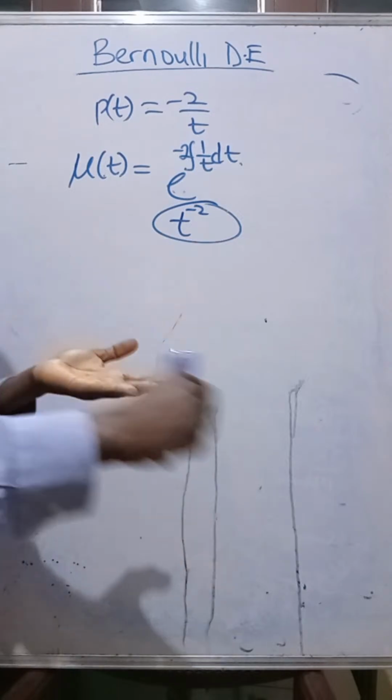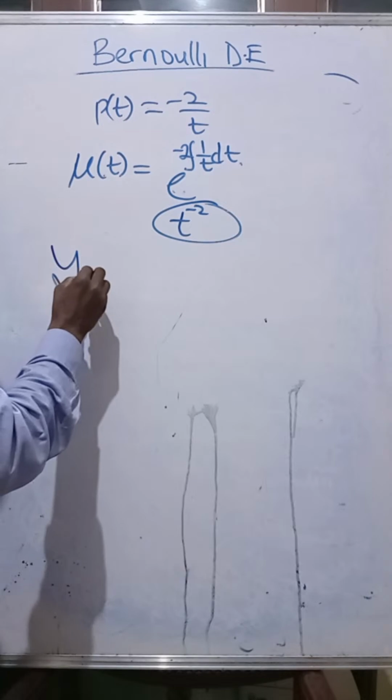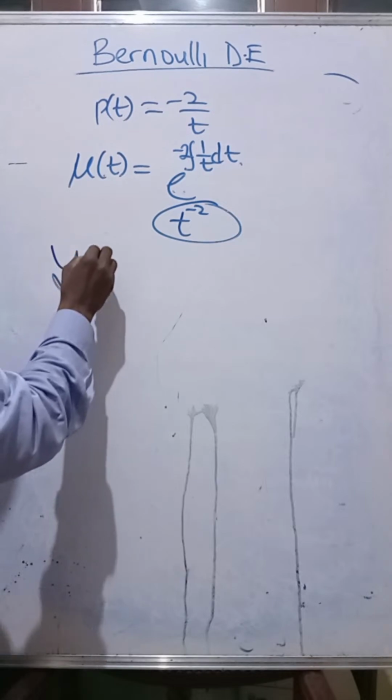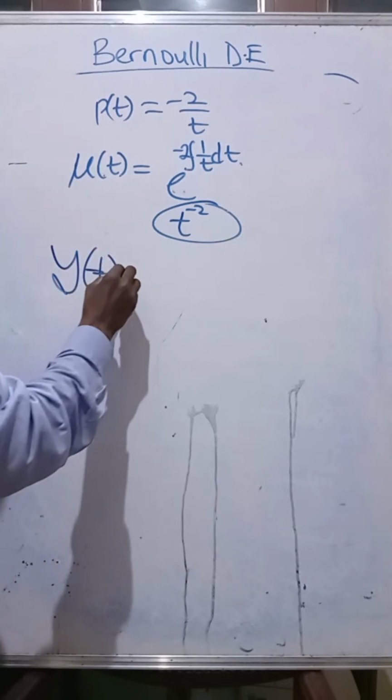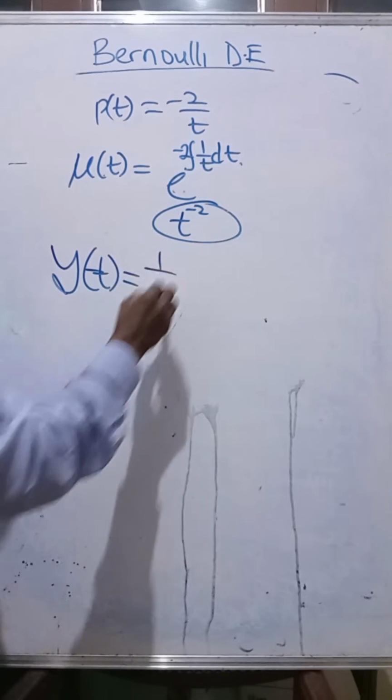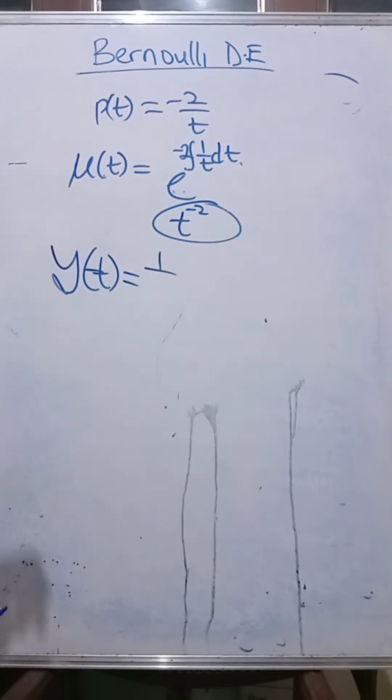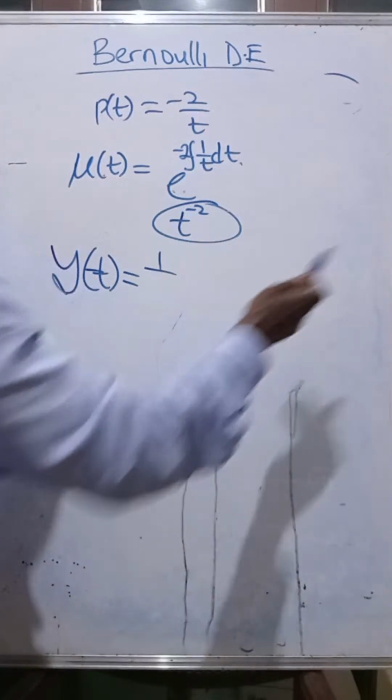Step after step to get the general solution as a function of t, and that will be 1 over the integral factor. I've skipped something there. I've cleaned the integral on the other side of the equation.